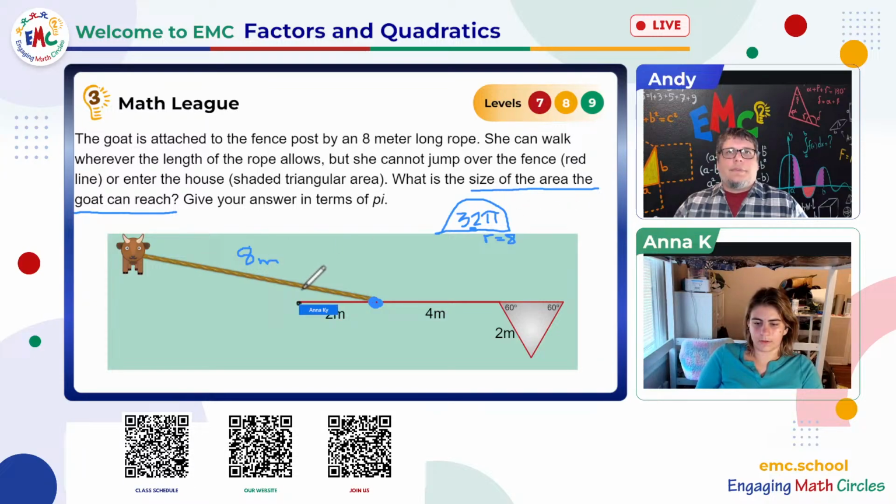Then whenever the goat would reach here, it can go on another semicircle, now centered around this point, with it being instead of 8, it's now 6 meters for the radius, assuming it was a circle.